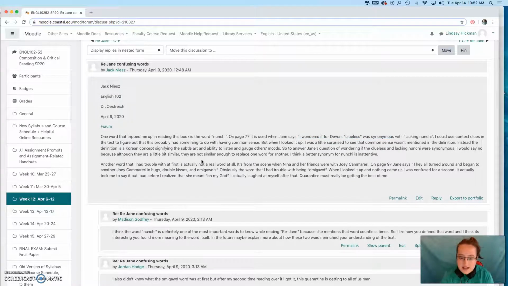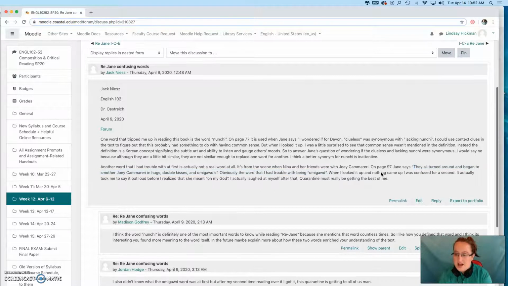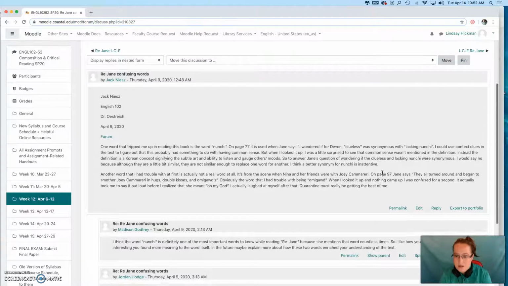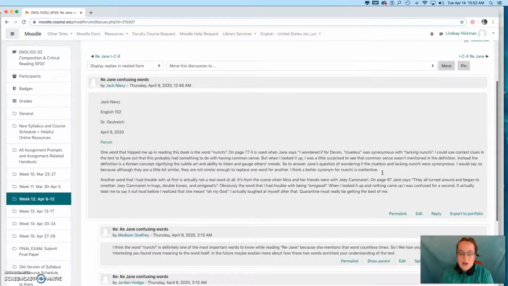He then uses another phrase and another quote on page 97. This is a very good post. It's actually really funny. Jack did a good job, but we have to remember to introduce.